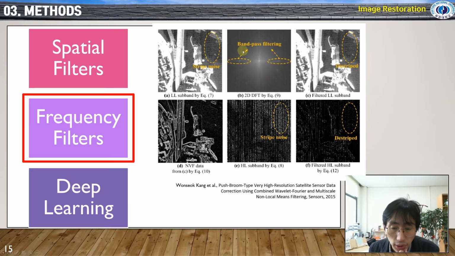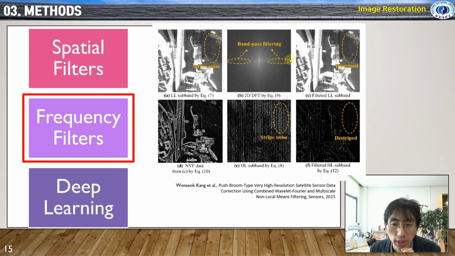In the 2D frequency space, we can find and separate noise places. So here, maybe this circled part is noise.